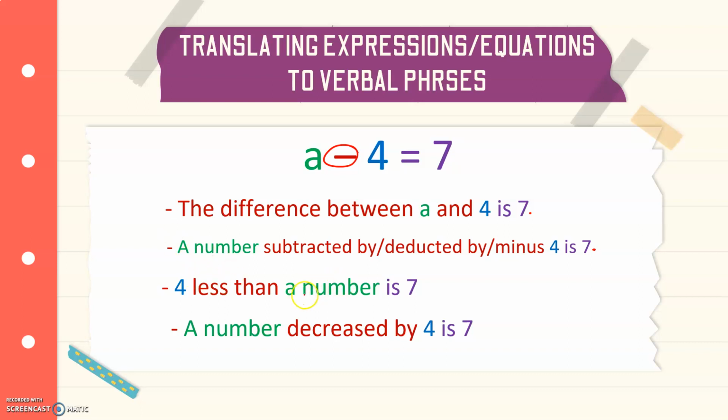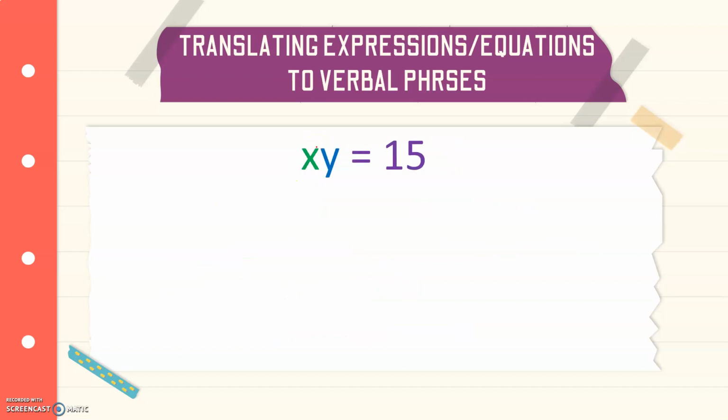Remember, whenever you're given a number, you have to use a variable to represent it when you translate it into symbols. Since we have here a letter A, you can say a number, or you can just make mention of A as it is.